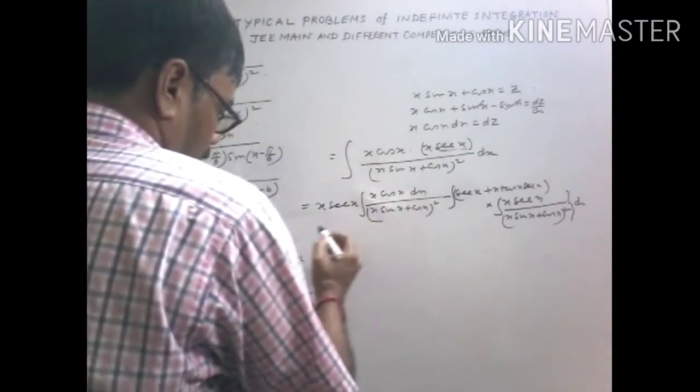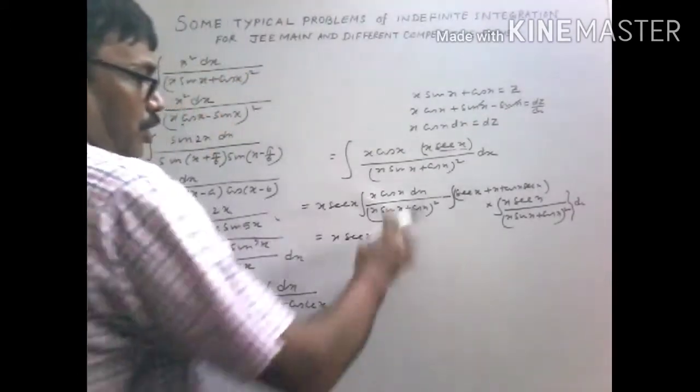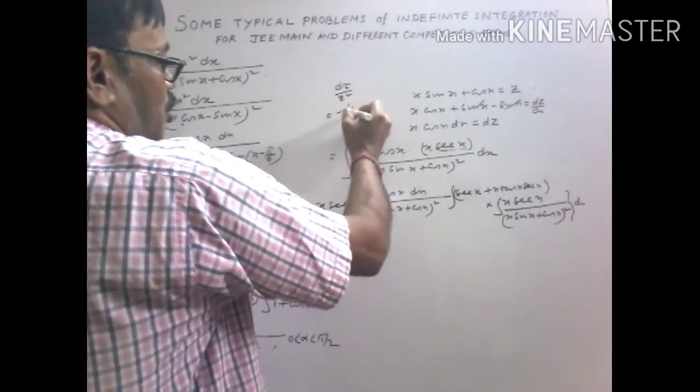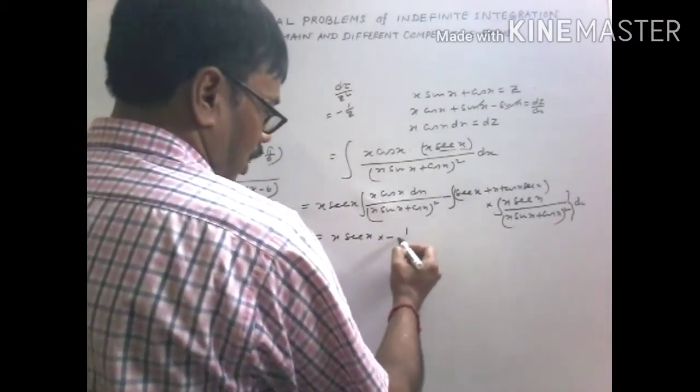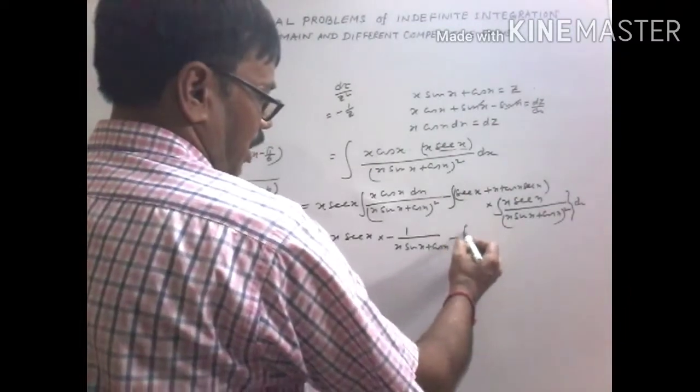Now look, this is x sec x unchanged. Now here this one is dz by z square, so minus 1 by z. So integration is minus 1 by x sin x plus cos x.